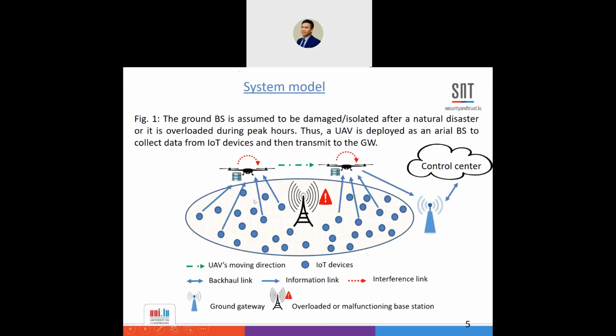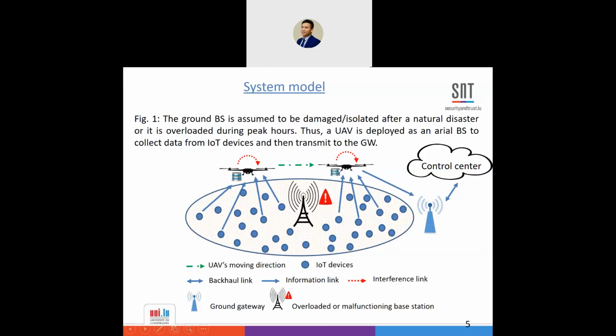In this figure, you can see that we have one ground-based station at the center of the area. However, the ground-based station is assumed to be damaged or isolated after a natural disaster, or overloaded during peak hours. So we launch a UAV to act as an aerial base station to collect data from IoT devices.